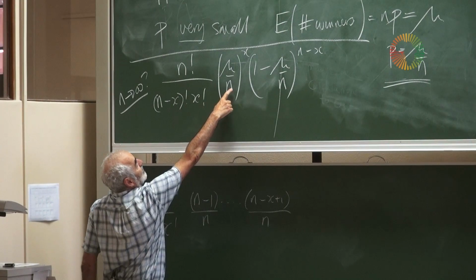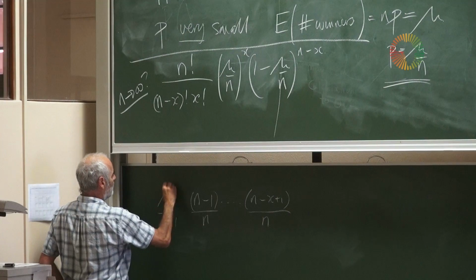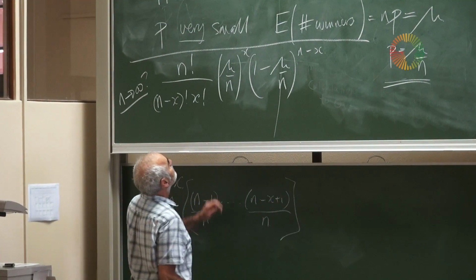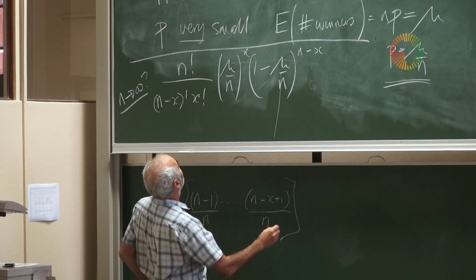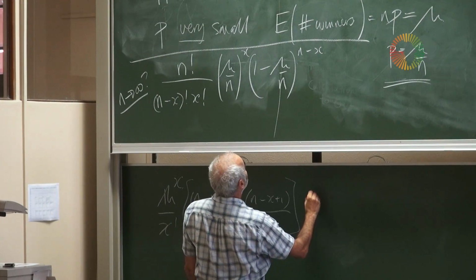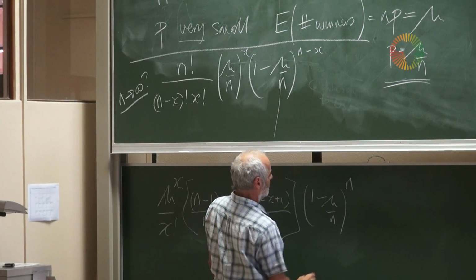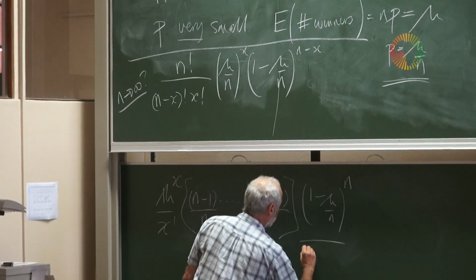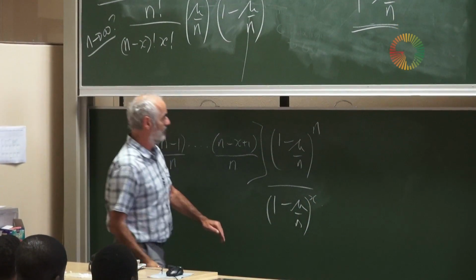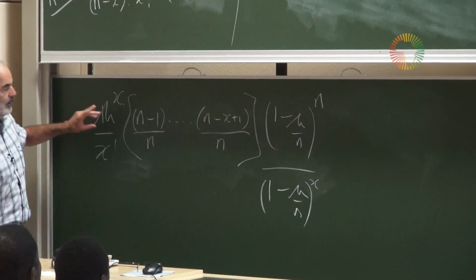If we take the n to the x, we get an n for each of these terms. We've got a mu to the x there. And then we've got 1 minus mu over n to the power n, and 1 minus mu over n to the power x. So that's just an identity so far, a nice identity.